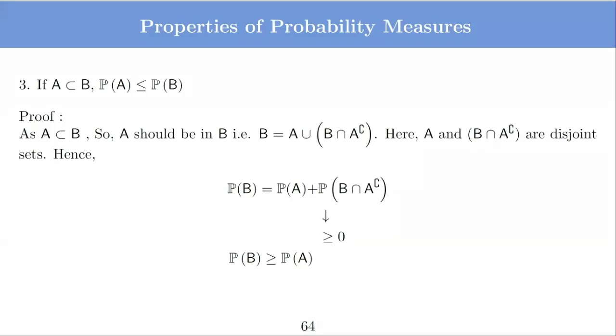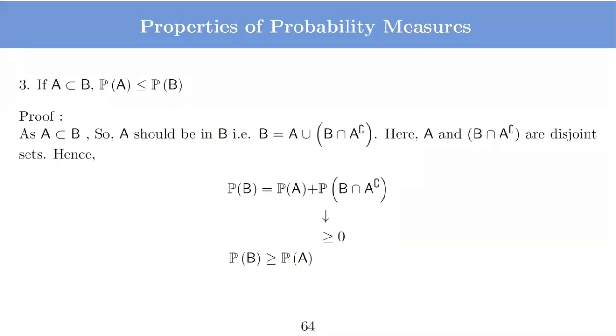So if any element is in B, it will either be in A or it will be in B but not in A, which is the second set. So the union is also B. Okay, this you can also very easily understand from the Venn diagram. If you make a set B and then A, you will see A is inside B. So the rest of B is made from two parts, A, and the rest of the area around A, which is nothing but B intersection A complement. So these are two disjoint sets.